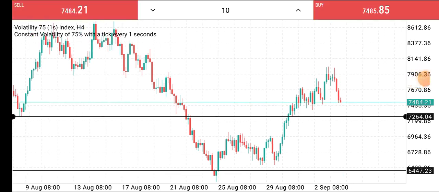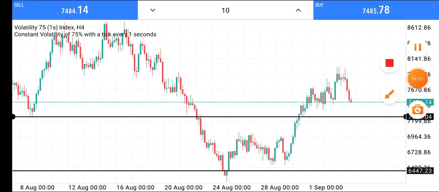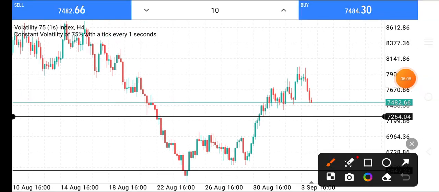You can see this small candle. Let me mark it for you. This small candle is a supply candle that actually supplied the sell. But we're not going to rush until this market breaks below this and gives us a change of character.